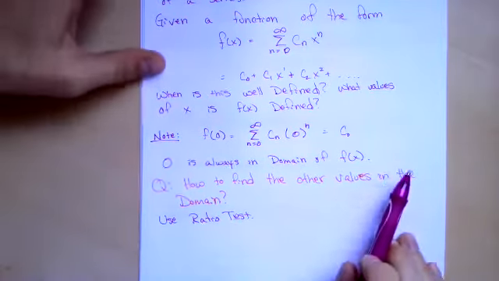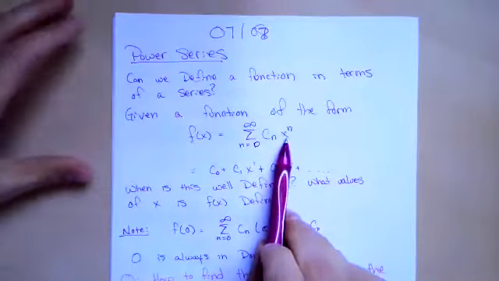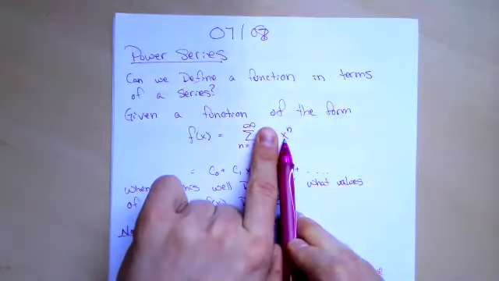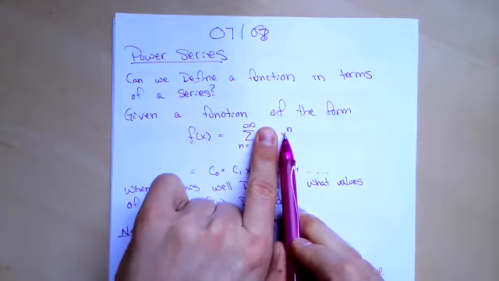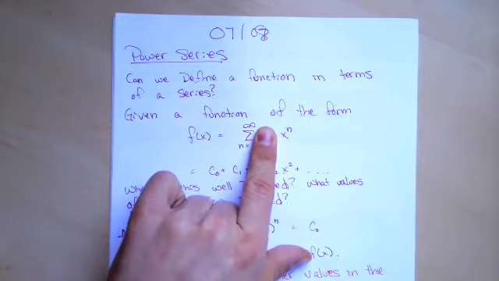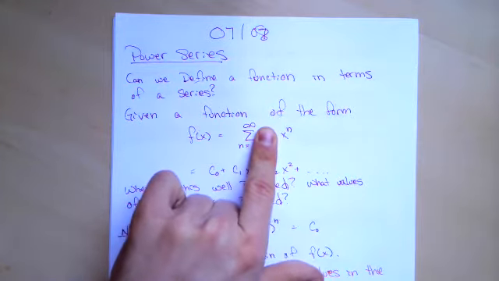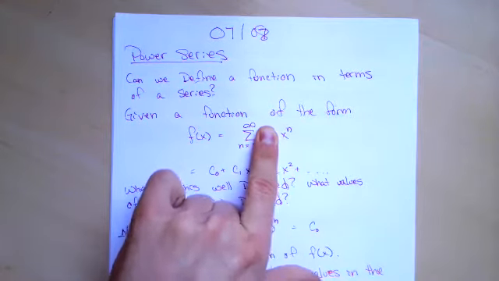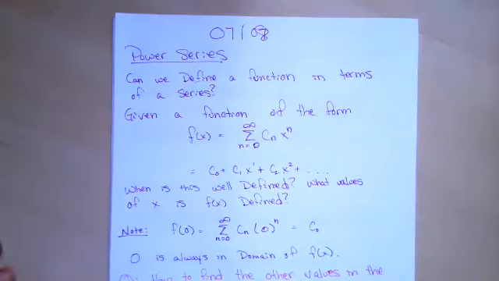So you can think that if I ignore the c_n's, it's just a sum of x to the n. So if I pick x equal to 1/2, that's just a sum of 1/2 to the n, which is a geometric series, right?